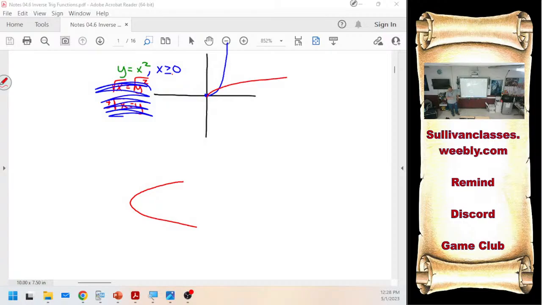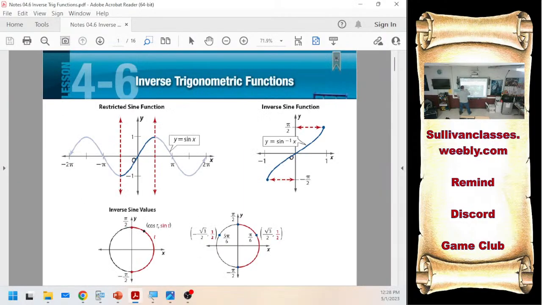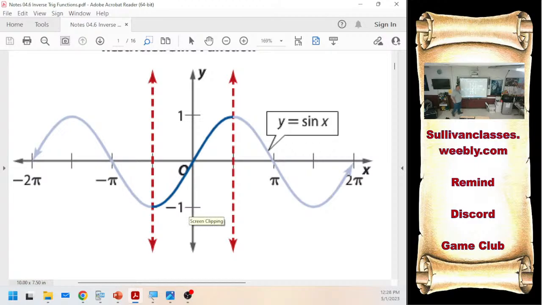We have to do the same thing with our trig functions, because a trig function may be a function right now, right? That passes a vertical line test. But the horizontal line test, on the other hand, no. It fails infinitely. They usually get a couple kids to be like, same. Okay? Infinitely fails the horizontal line test.